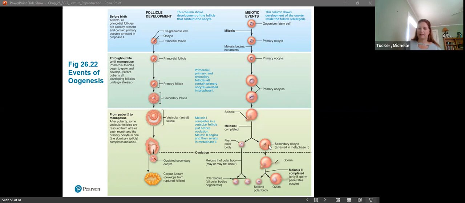And then the secondary oocyte has the correct number of chromosomes, but it has double the amount of DNA. And then, if fertilized, it will continue meiosis 2, producing a second polar body as well as a haploid ovum.